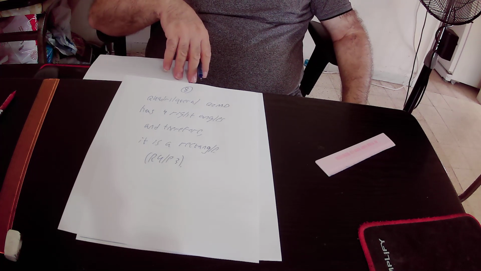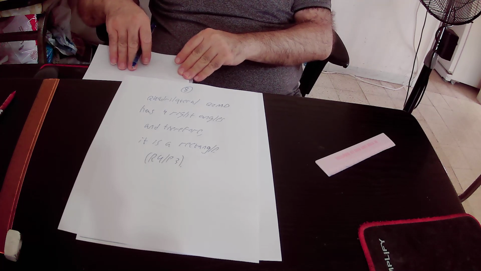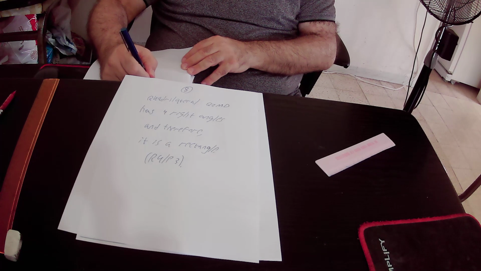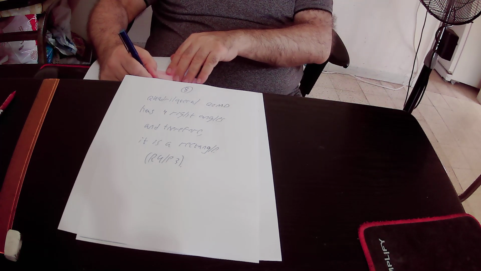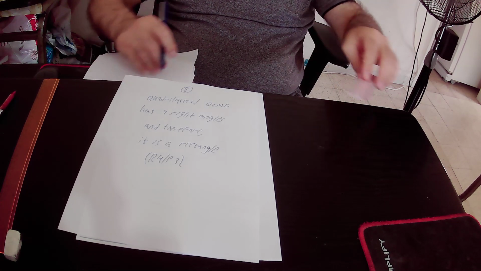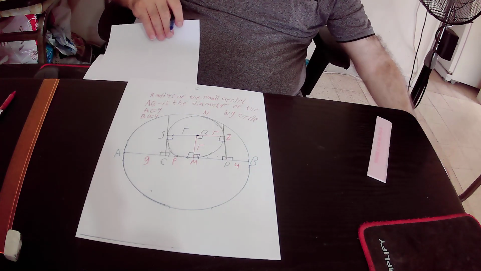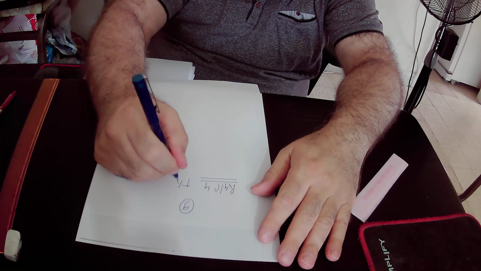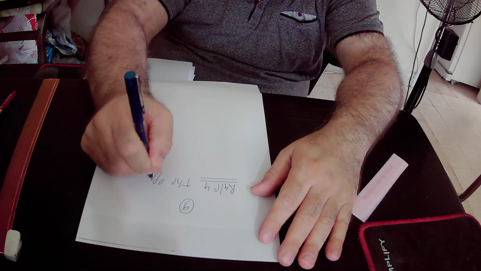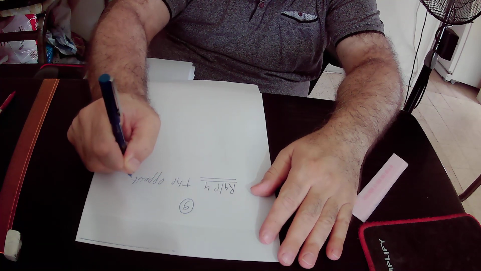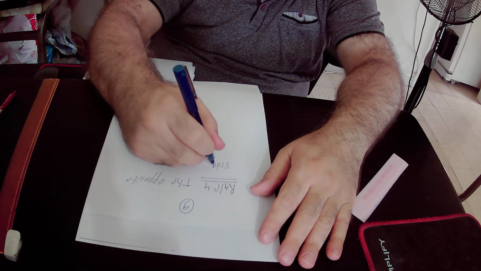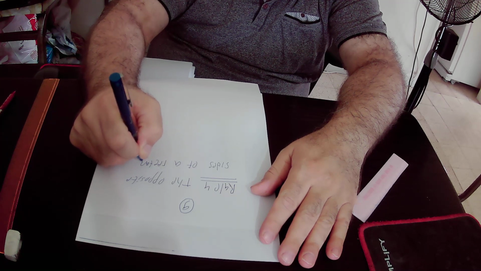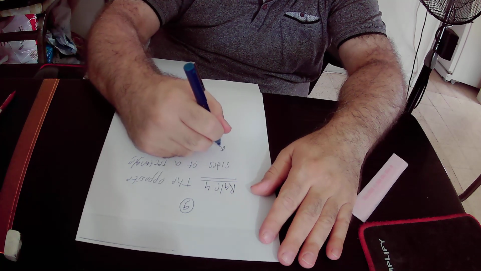So we have also rule number 4 that states that, according to rule number 4, the opposite sides of a rectangle are equal to each other.